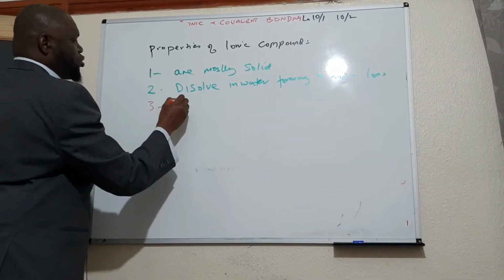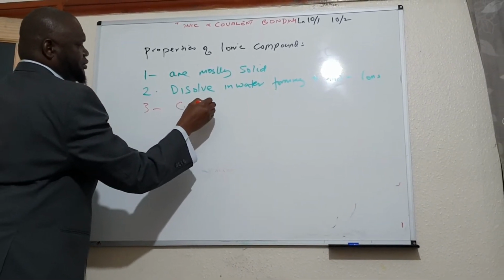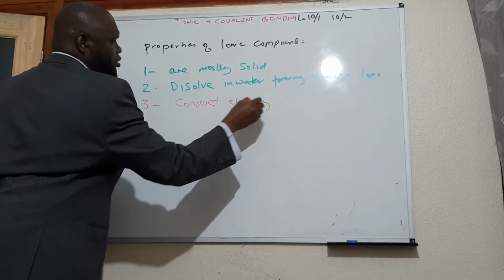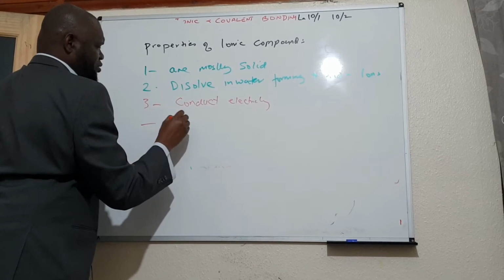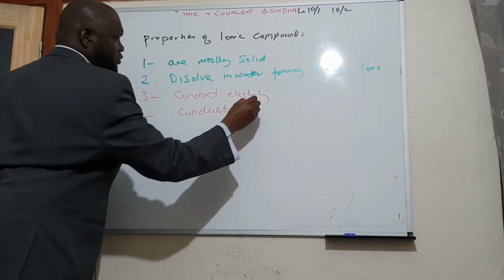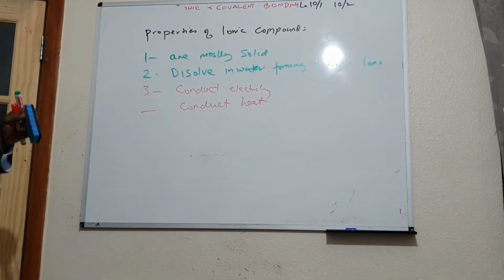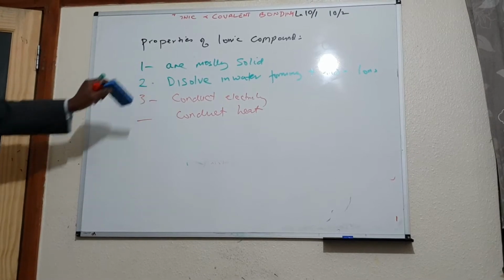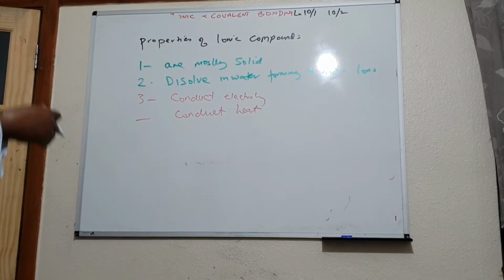Since they form ions, that gives the third one: they conduct electricity. That also means they conduct heat. In the exam, you have to know these things. These are the chemical characteristics, not the physical. The physical is what you can see, feel, and taste.